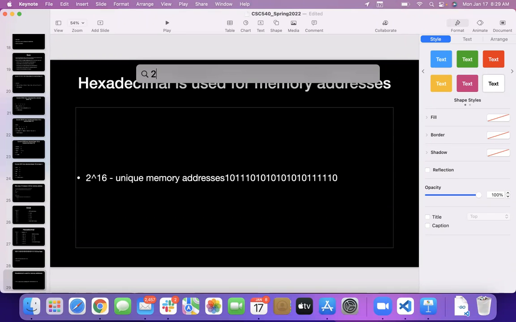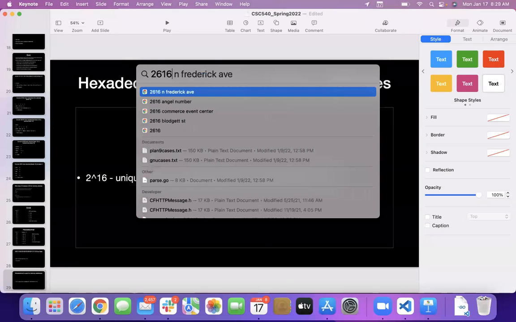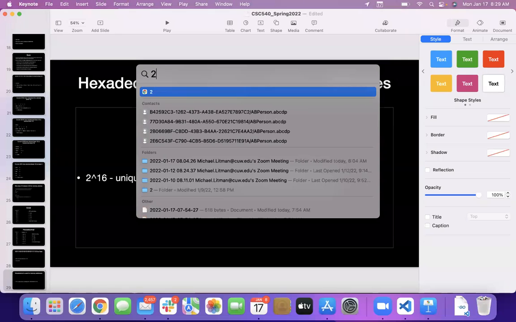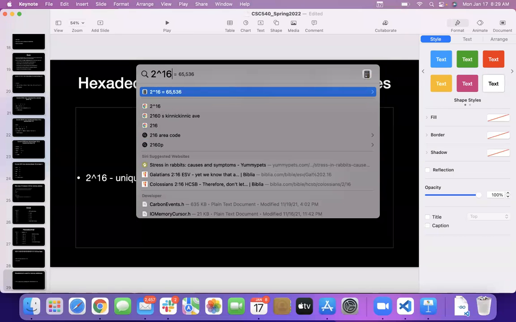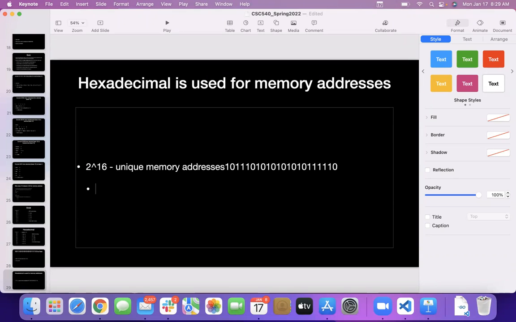No, it should be 65,536. So this means 65,536 unique memory addresses can exist. If we have one big long street, we have 65,536 unique addresses that we can represent.